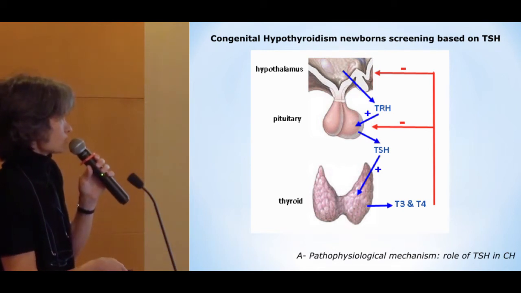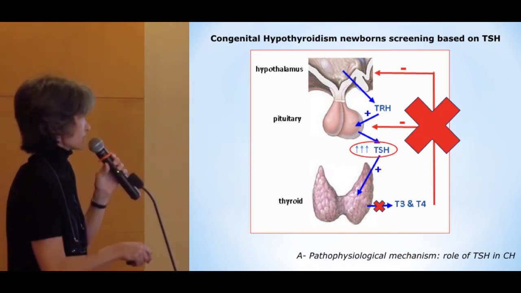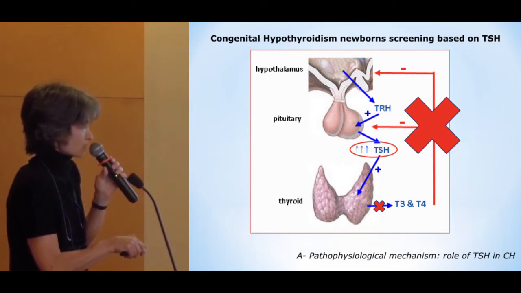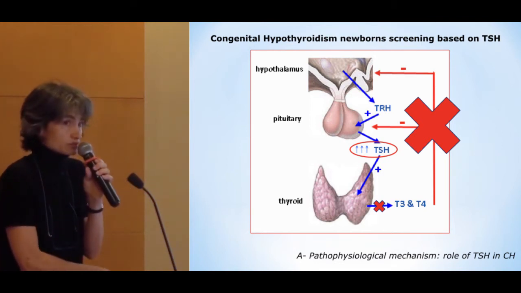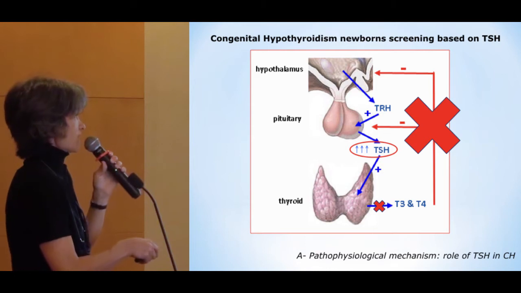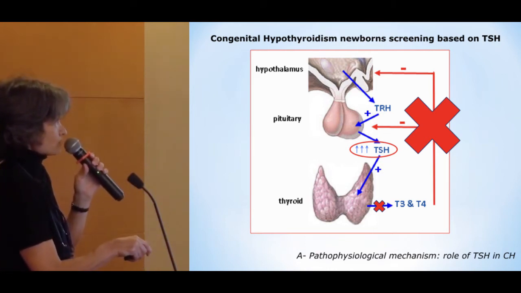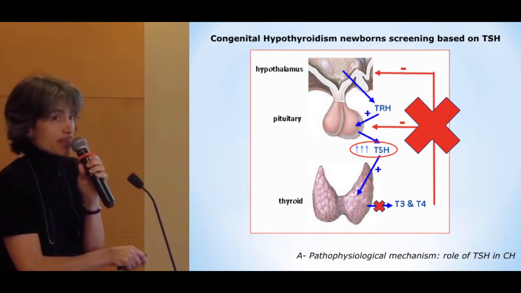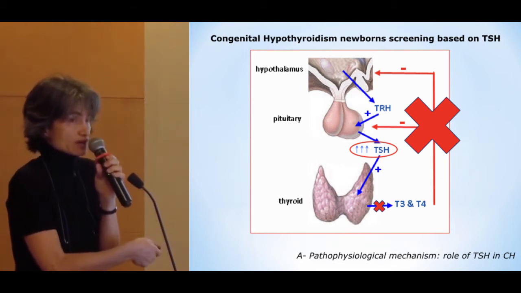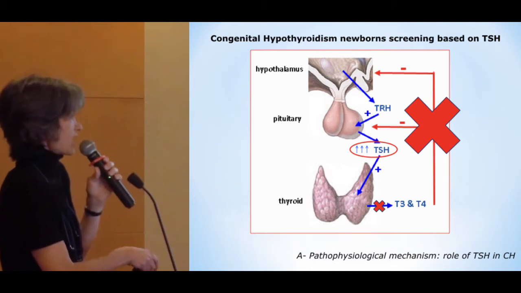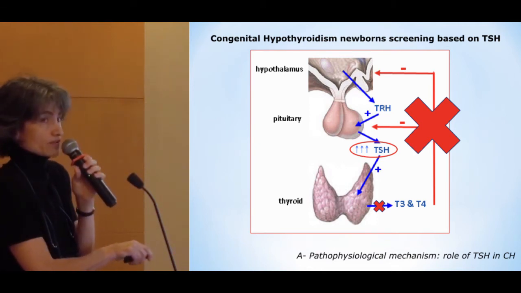If something goes wrong, if the thyroid hormones are low in the circulation, this prompts the pituitary to produce a lot of TSH. That's why the TSH in the higher range is a hallmark for the hypothyroid status.